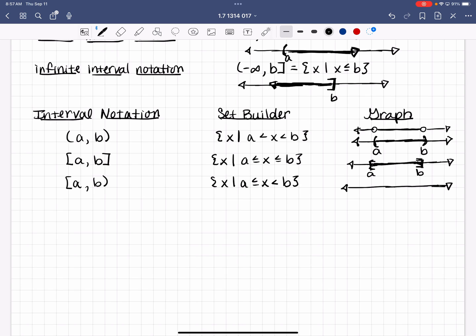So at A, I'm going to have a bracket. At B, I'm going to have a parenthesis. That would have been a closed circle, open circle.